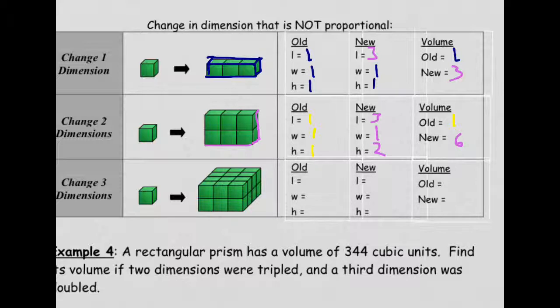In this one, it's 3. The length is 4. And then the height is 2. And this is just 1, 1, 1. Old is 1. And Sergio, what is the new one? 24. That's it.